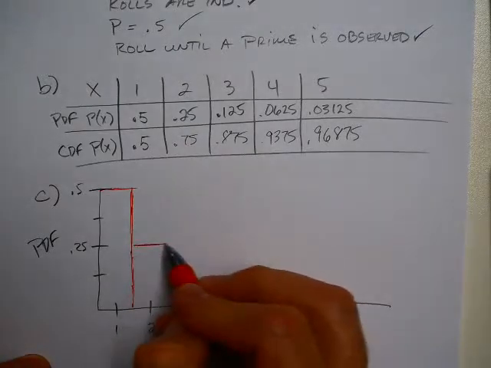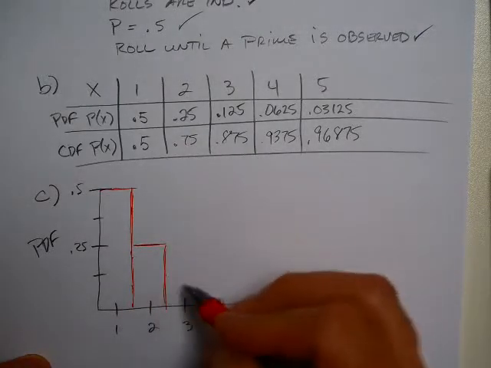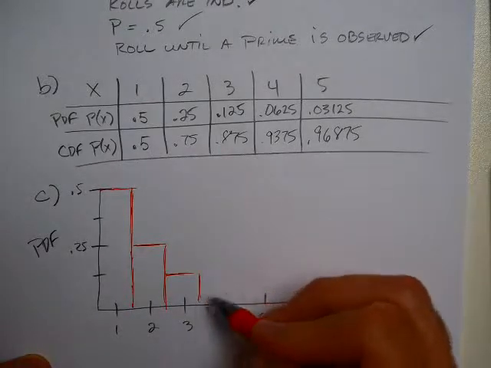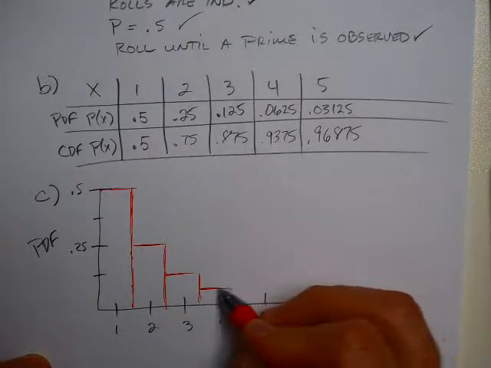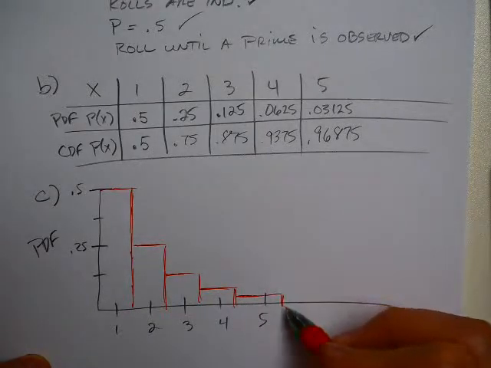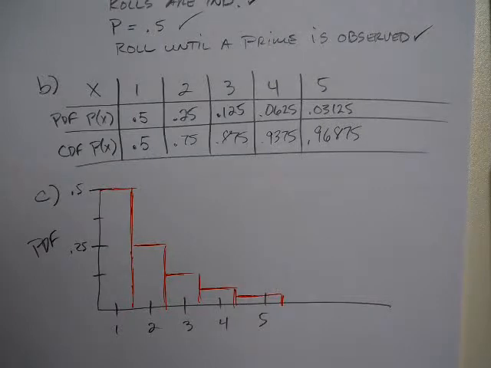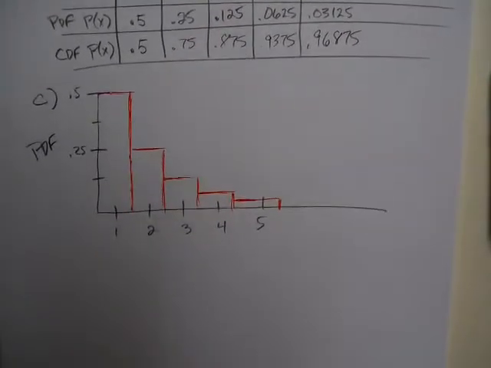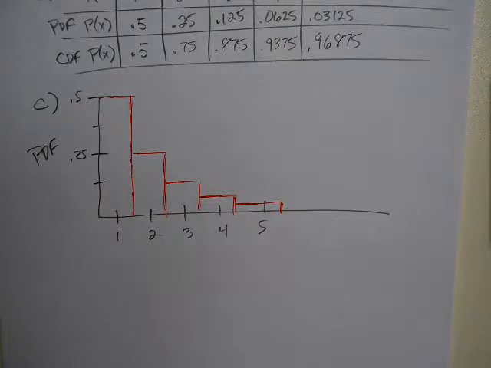Second roll is half as much. Third roll, half as much as the second roll. And I continue to half all the way down. Again, never quite getting to 0. There will always be some height to that bar.